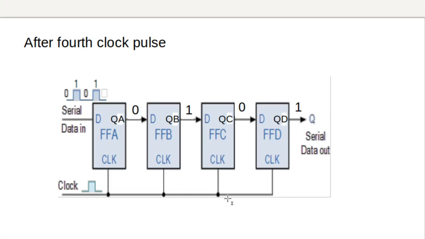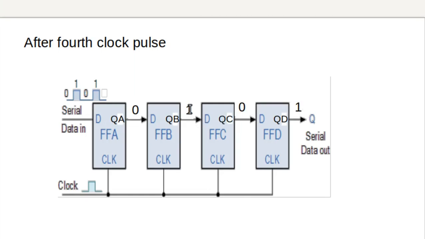When we apply one clock pulse, this 0 will be shifting to this point. So after reading this 1, we have to apply one clock pulse so that this 0 will be reaching this output point, and then we can read that 0 from here. And to get this 1, we need to apply one more clock pulse.